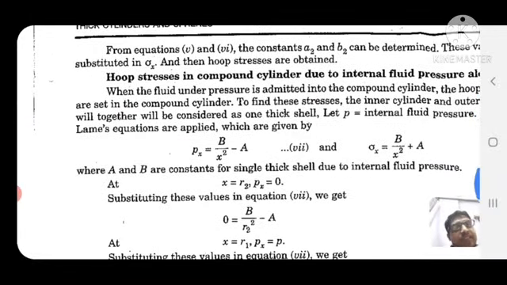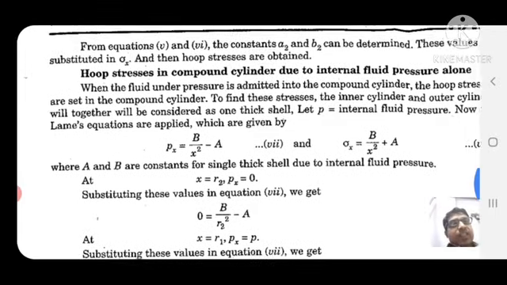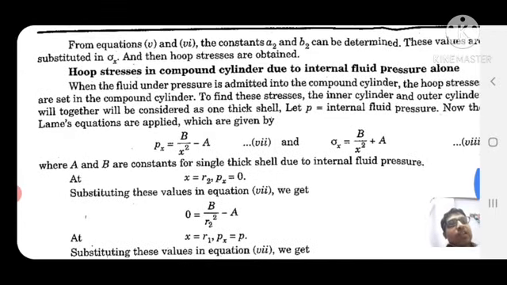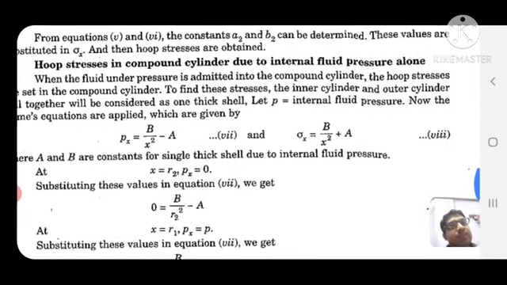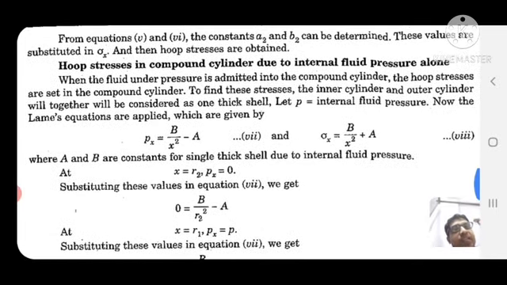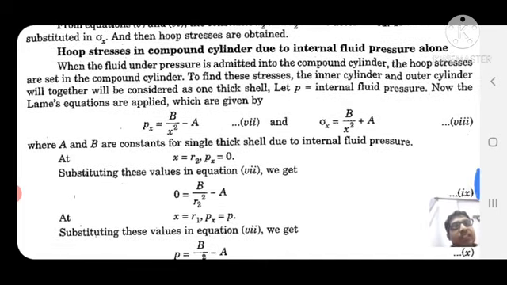Now, hoop stress in the compound cylinder due to internal fluid pressure. When the fluid under pressure is admitted into the compound cylinder, the hoop stresses are set up in the compound cylinder. To find the stresses, the inner cylinder and the outer cylinder will be considered as one thick shell.